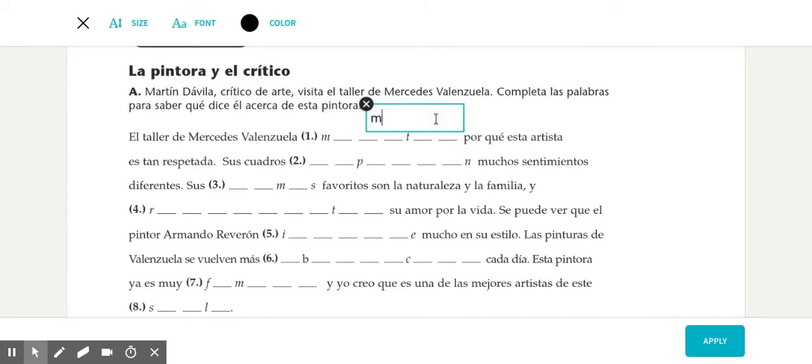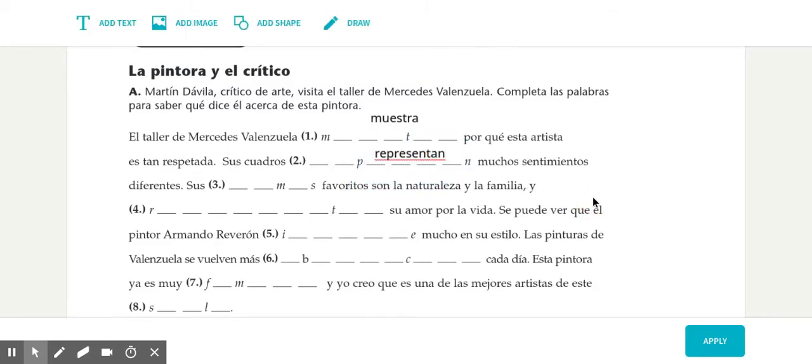It seems like it's supposed to say muestra, right? That would fit muestra. So you would just type those in. Sus cuadros representan, looks like, representan. You see, it's just your vocabulary. Representan muchos sentimientos diferentes.